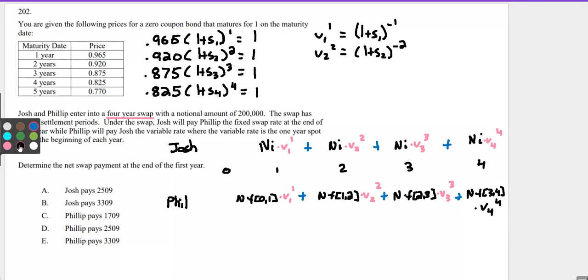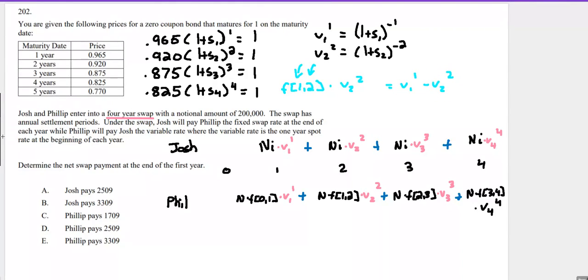We can create a little bit of a shortcut here because, for example, if I have the forward rate from 1 to 2 times v sub 2 squared, that is going to equal, I'm just going to tell you the pattern, v sub 1 to the 1 minus v sub 2 to the 2.